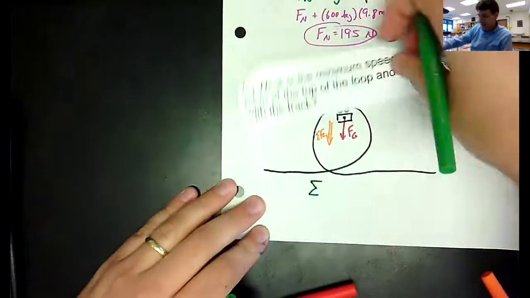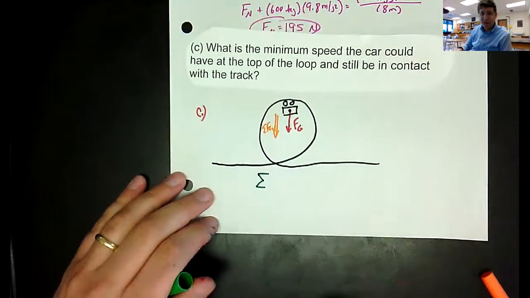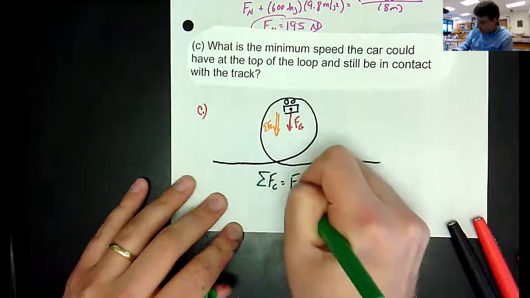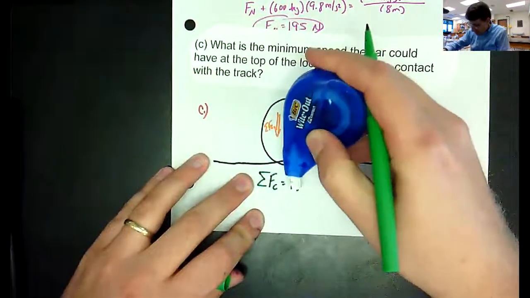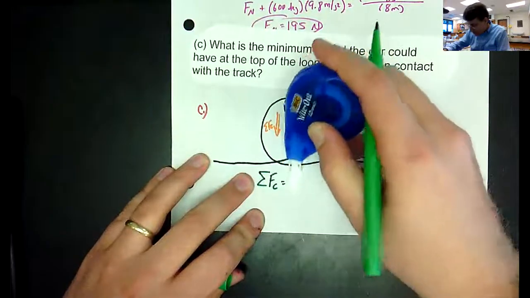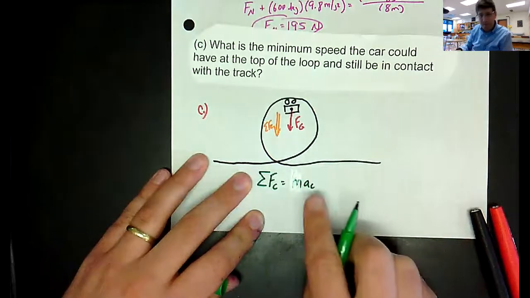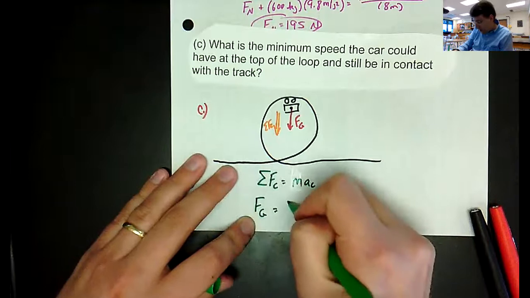So to find the minimum speed the car could have at the top of the loop, I have to say that the centripetal force is only provided by the force of gravity and nothing else. I guess what I should say is that centripetal force is equal to m a_c, and the centripetal force is equal to gravity.